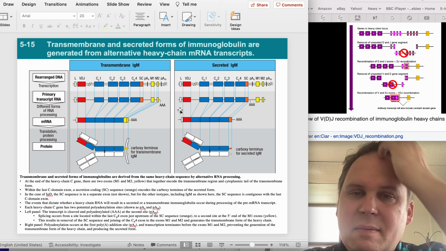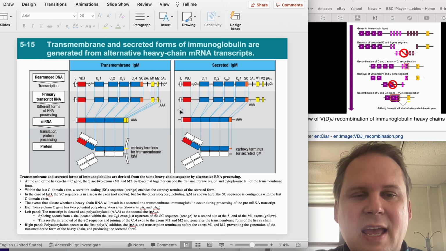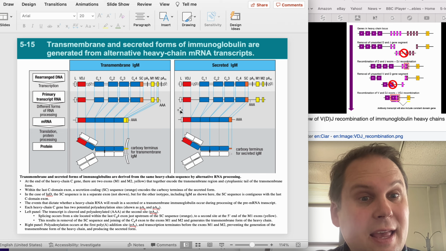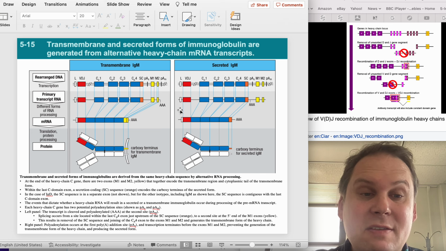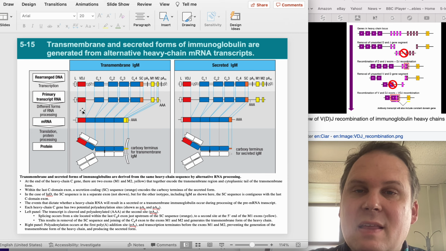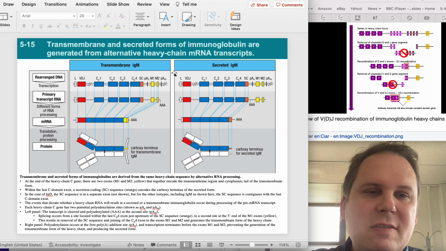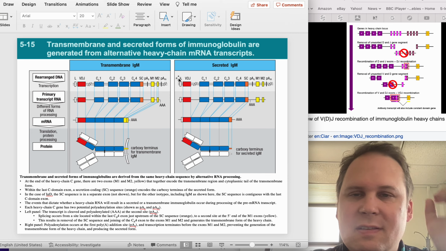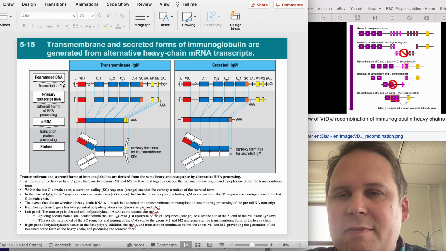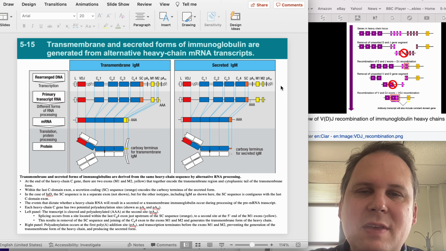The other important thing, so what's the difference between a B cell receptor and an antibody? The answer is transmembrane region. So this is also something that is going to be determined here. We're going to have heavy chain splicing differences. So this is a pre-mRNA in both cases.